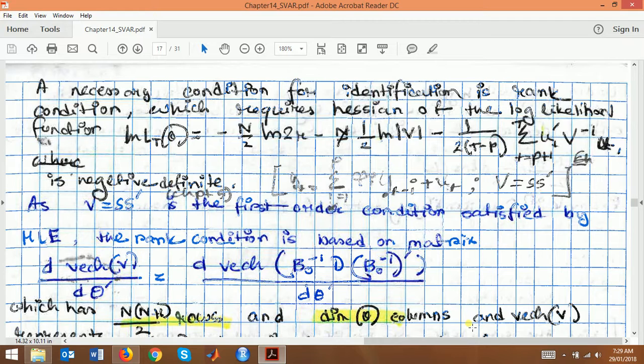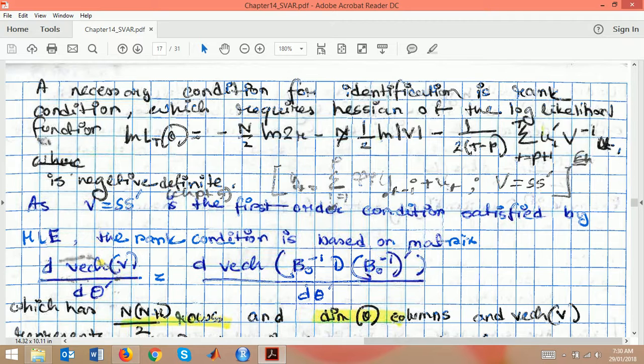The rank condition is based on this following matrix: d vec V over d theta prime, equals d vec of omega over d theta. What is vec?